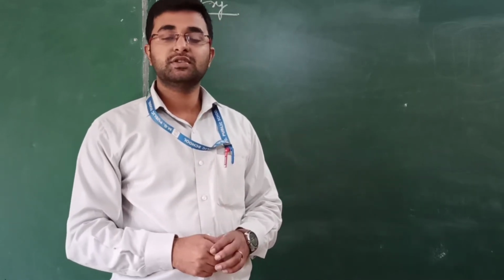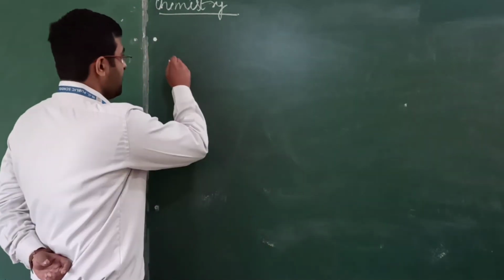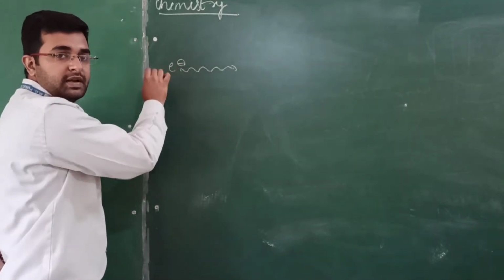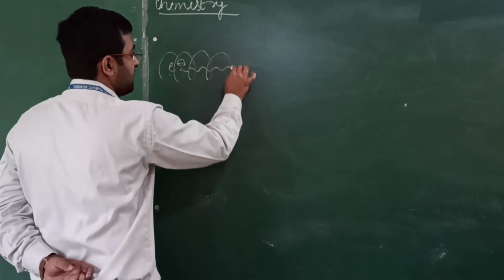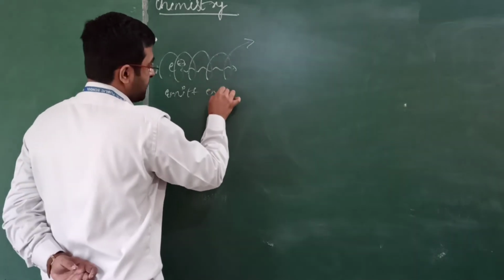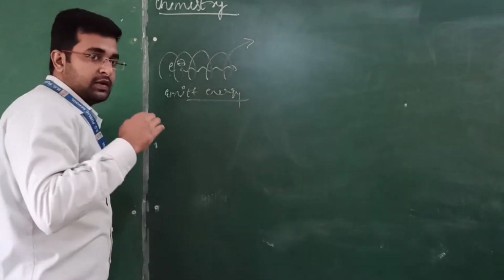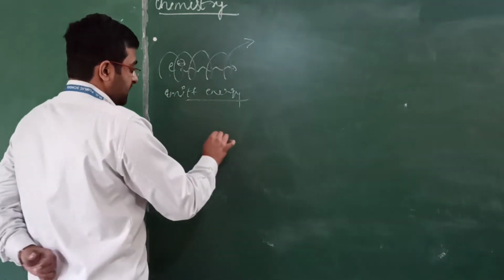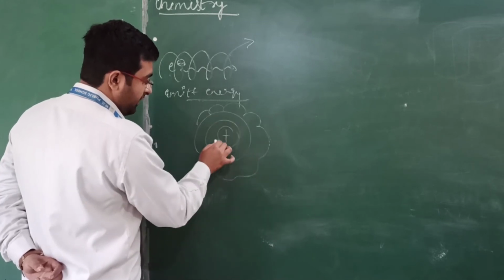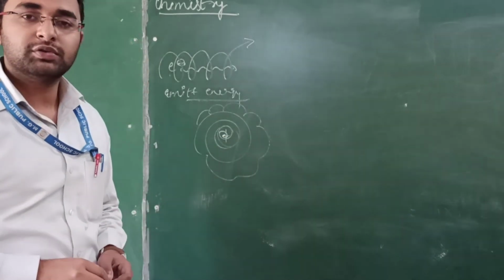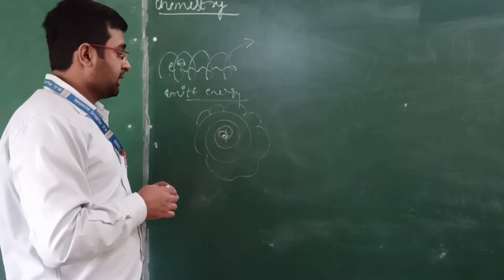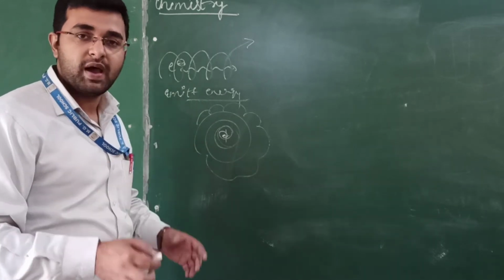But the major disadvantage of that model was that when we have any accelerated charged particle, for example an electron, it will continuously emit energy, and after some time, while radiating its energy, the electron will finally move into the nucleus. When the electron falls into the nucleus, the complete assumption of the atom will vanish.